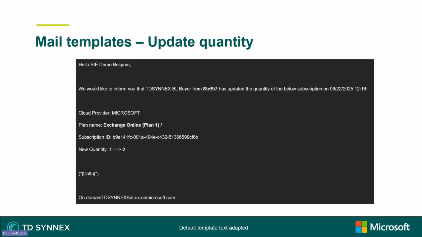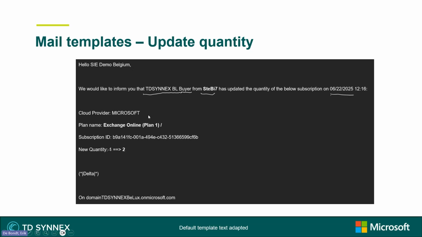Another update quantity. So this is basically, you see that there is a change being done on the Exchange Online Plan 1, going from 1 to 2. Yes, so basically information that can be set and you say, oh, from 1 to 2, that's normal. From 9 to 100, that might be not correct way of making a change on the customer's environment.